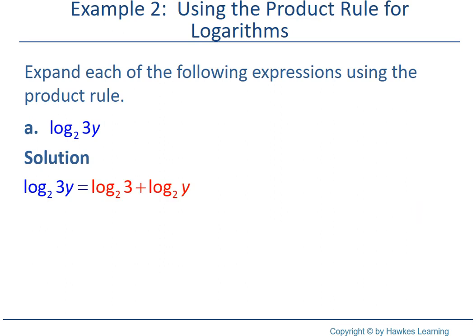And there's the answer. Now, for something like this, again, following the protocol, it will be log base 5 of 3 plus log base 5 of 4. 3 times 4.